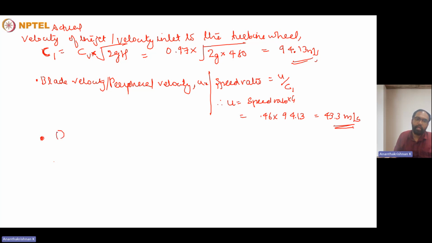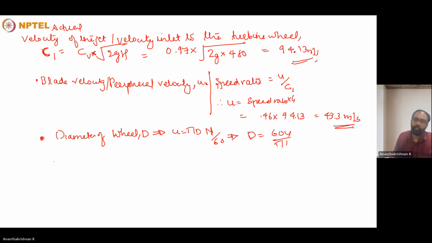And we can determine the diameter of the wheel from the value of U. U is equal to pi D N by 60. D is equal to 60 U divided by pi N. So 60 into 43.3 divided by pi into N, where N is the RPM associated with the wheel.